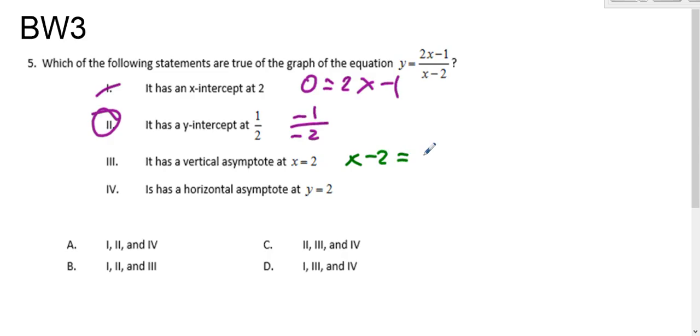So x minus 2 equals 0. X equals 2. Yes, that's the vertical asymptote. And for the horizontal asymptote, you look at coefficients in front of the x. 2 over 1, that's 2. So yes, that's the horizontal asymptote. So 2, 3, and 4, C.